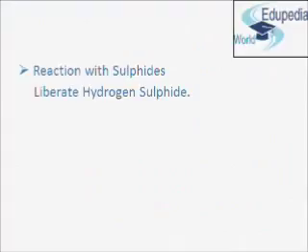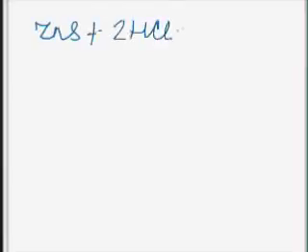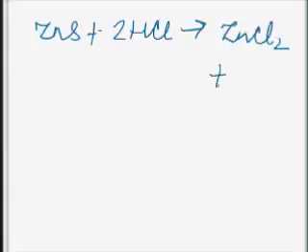Reaction with sulfides. Acids react with metal sulfides to liberate hydrogen sulfide. Let's take some examples. Zinc sulfide, when it reacts with hydrochloric acid, it will form zinc chloride and hydrogen sulfide gas is liberated.